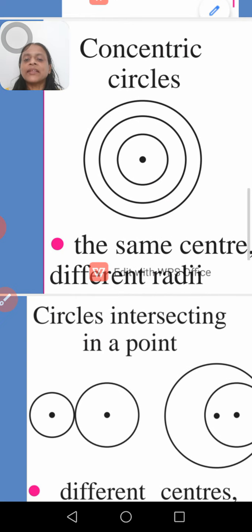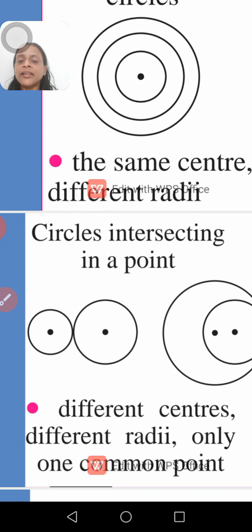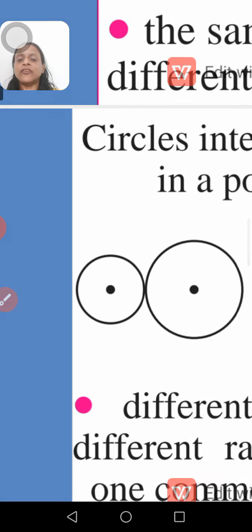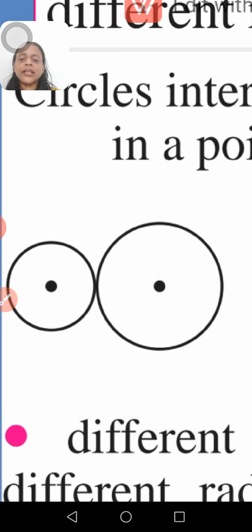Then circles intersecting in a point. Mainly three concepts are there for two circles. Circles intersecting in a point: different centers, different radii, only one common point. In the first figure, you can see these two circles intersect at only one point.